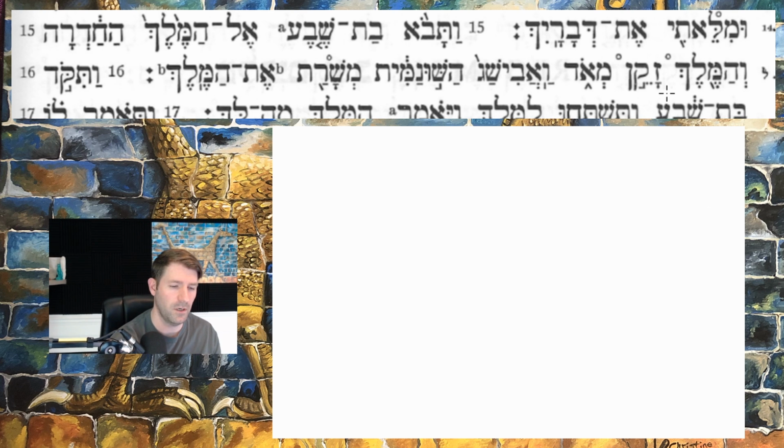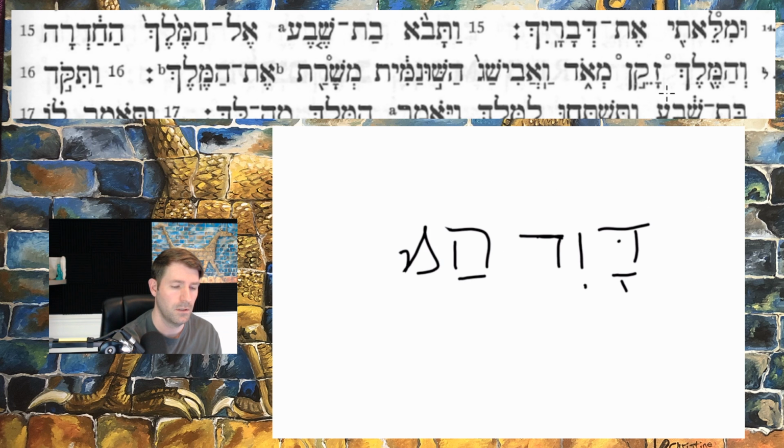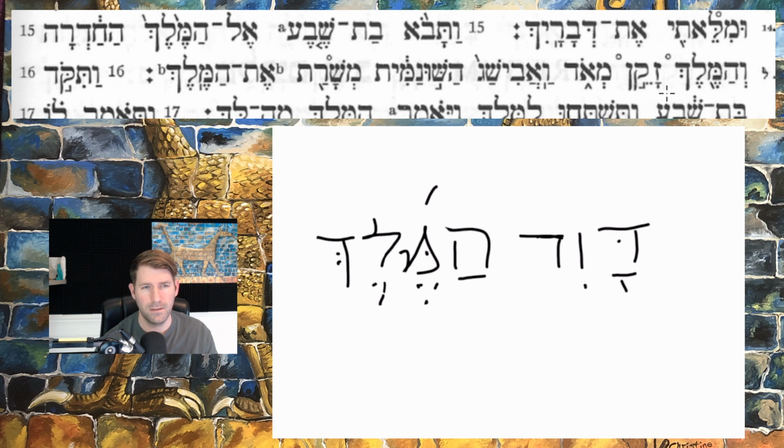Yeah, so we talked about, we gave the example, David is the king. My handwriting is so atrocious. David is the king. Oh, never mind.